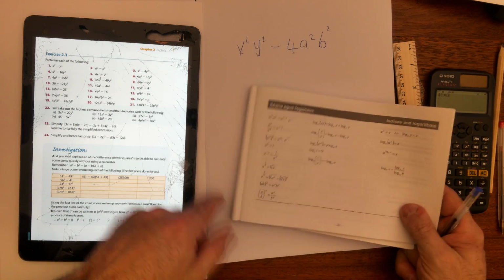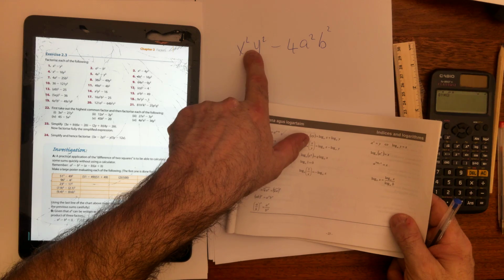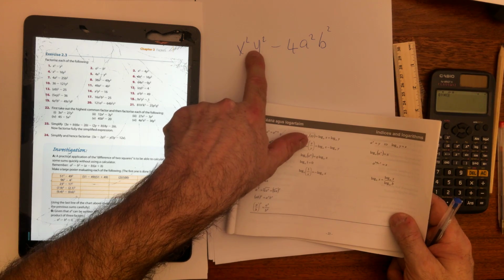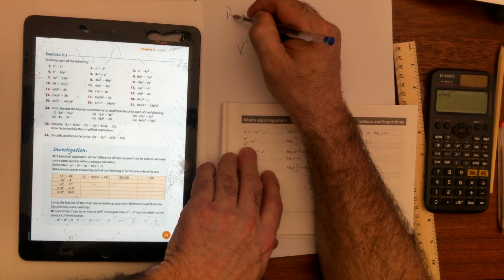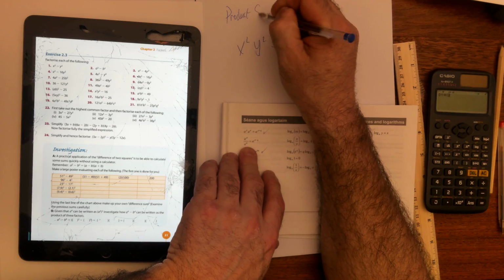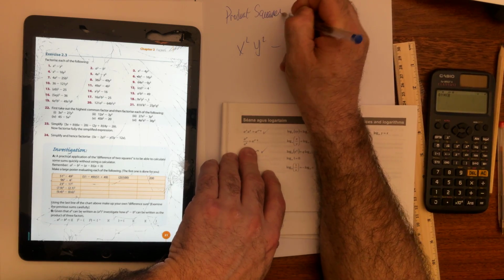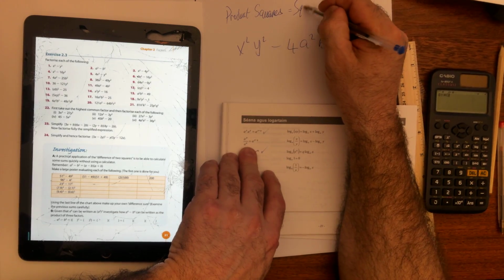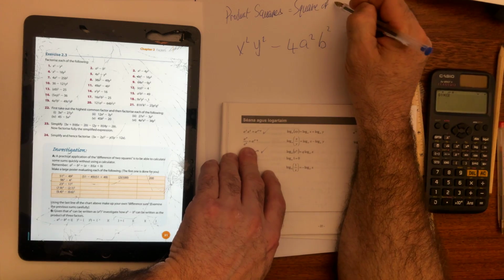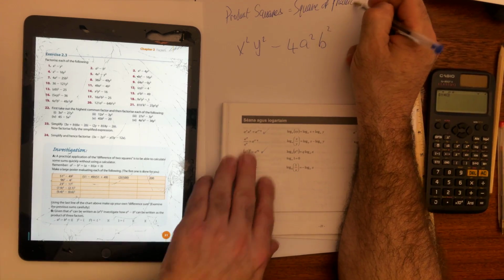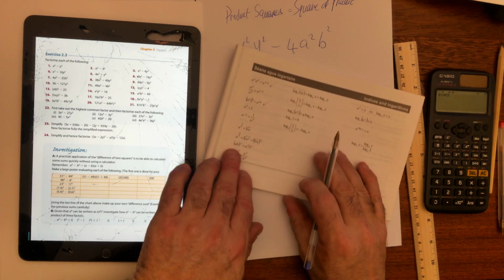Okay, so what I'm seeing here is the product of two squares, and I can write that the product of squares is equal to the square of the product, and that is a power.